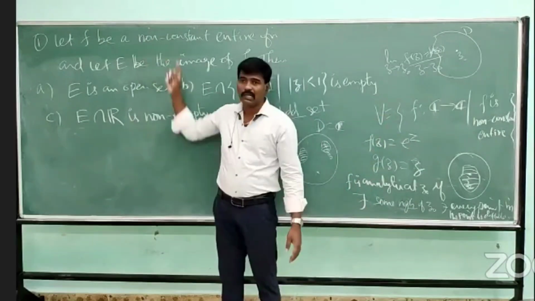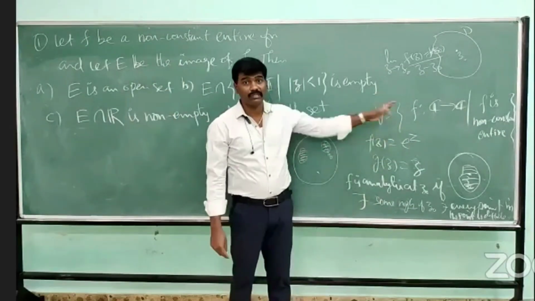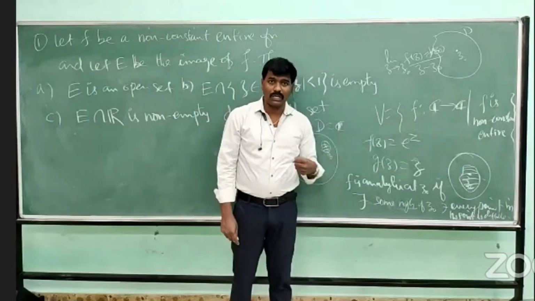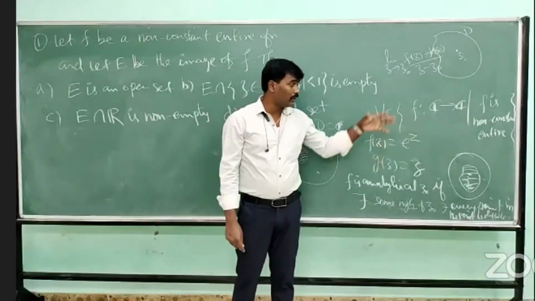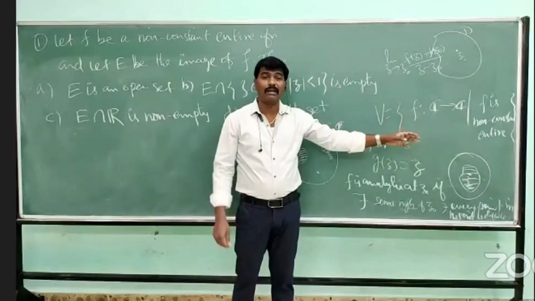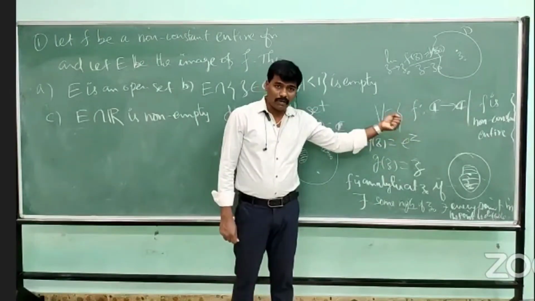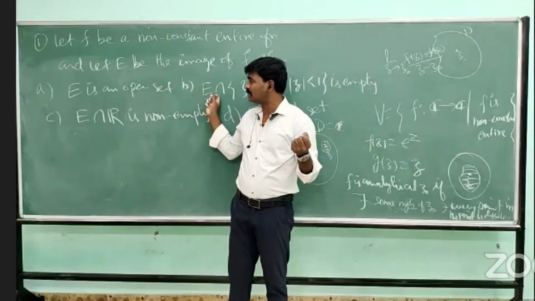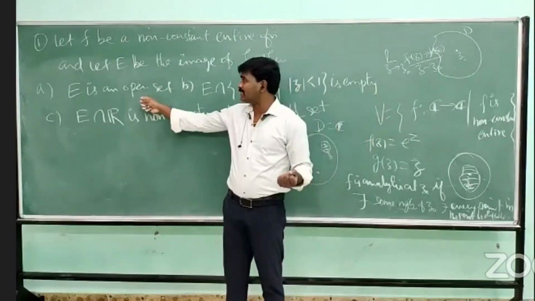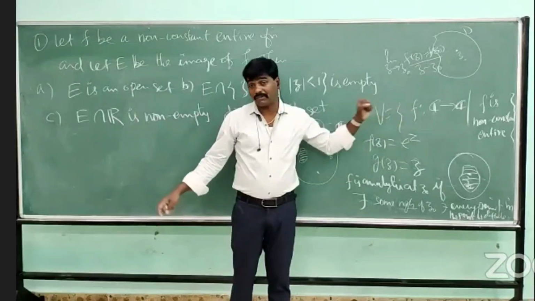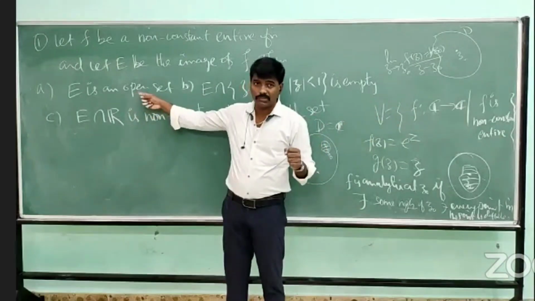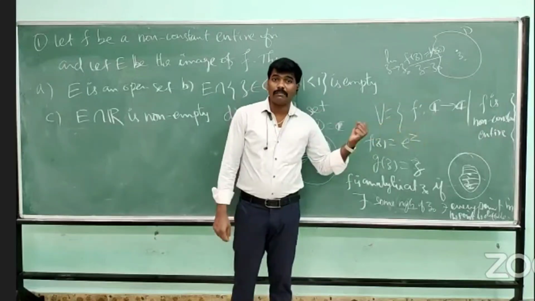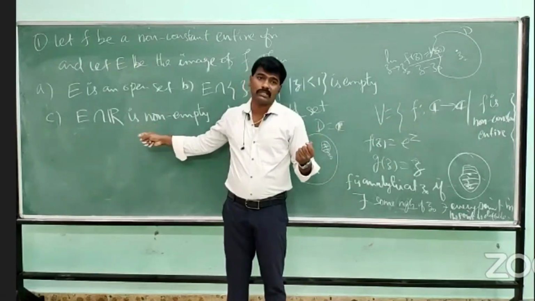That is an arbitrary F. We don't know which F in V. Just take a random element in V. That element always has this property or that property. Suppose some F has this property and some other F does not have it, then this option is not always true. If you take any random F and it always has this property, then this is true.